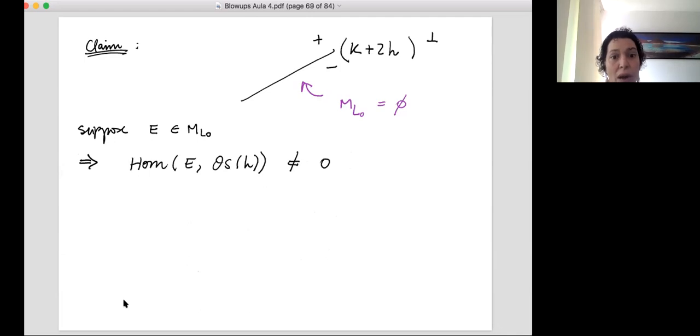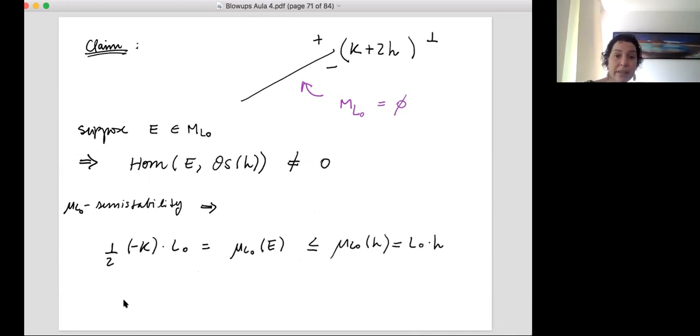Now, because we have a morphism like this, you use the mu semi-stability to say that when you look at the image of the locally free sheaf E in OSH, the stability must either stay the same or increase.